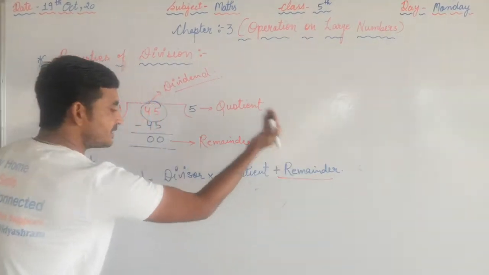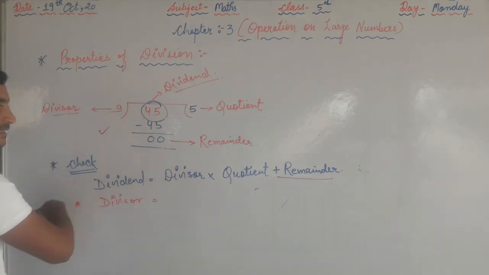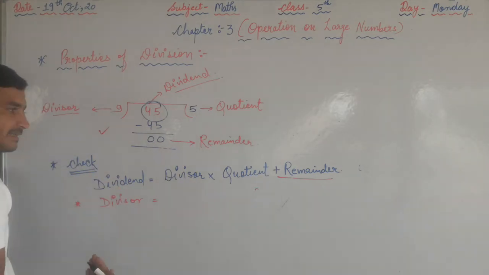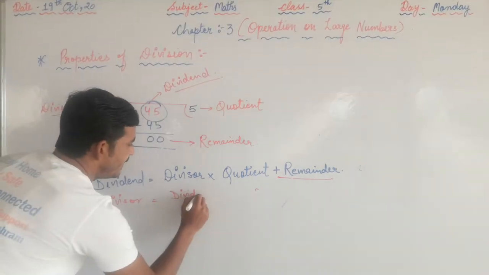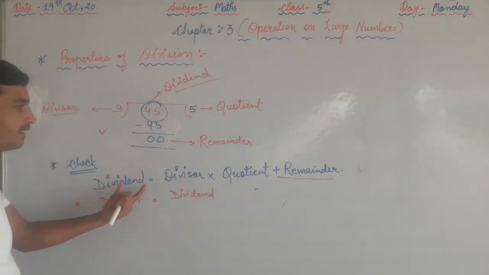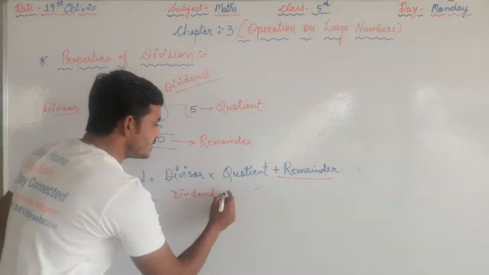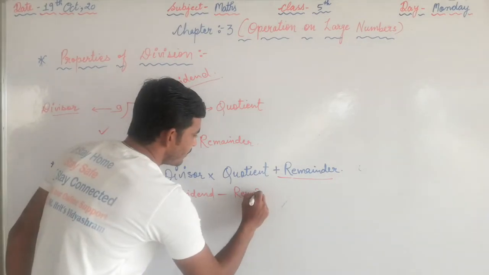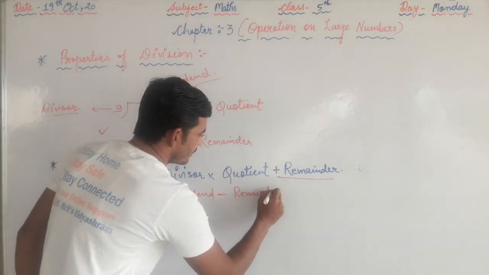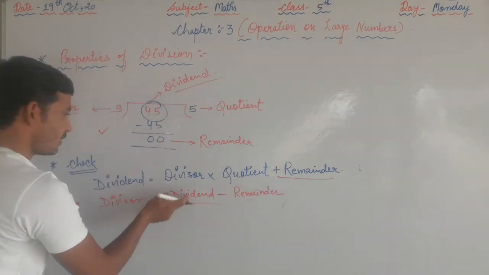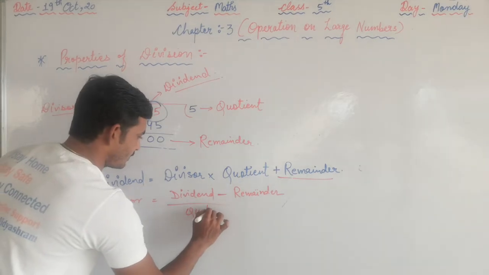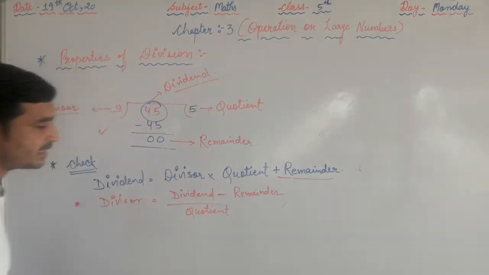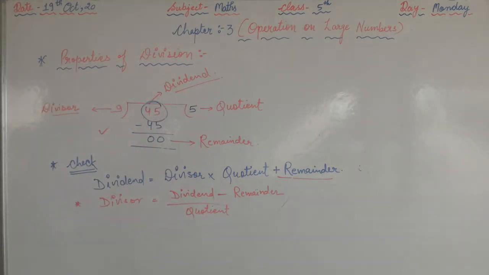When you send the remainder to the LHS side, the sign is changed, so dividend minus remainder upon quotient. This formula is extracted from the above formula, so be careful.